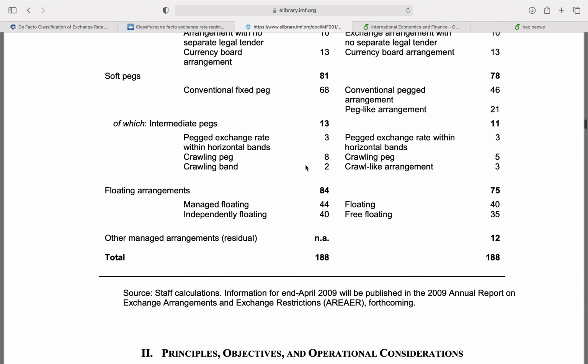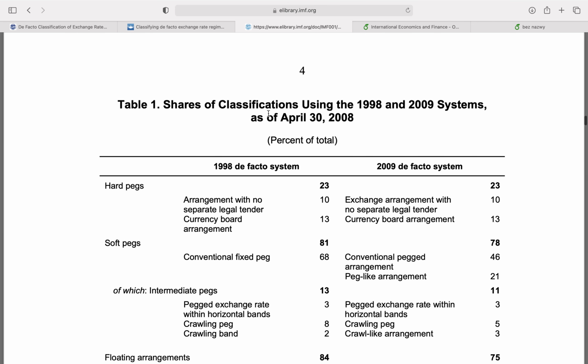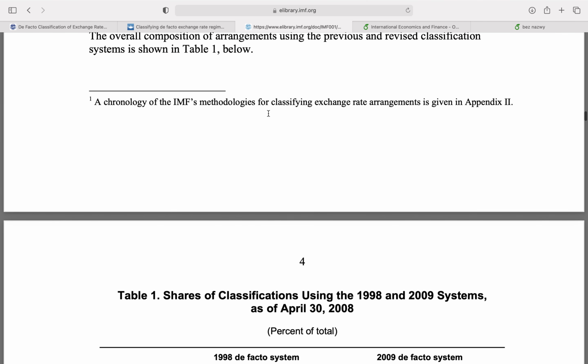Look, one important thing is also the distinction between de facto and de jure systems. De jure is what a country claims its exchange rate to be. De facto is what it actually does. Sometimes countries can say that they pursue a floating exchange rate, but they intervene quite a lot, which would say that they are actually a little bit closer to fixed exchange rates.